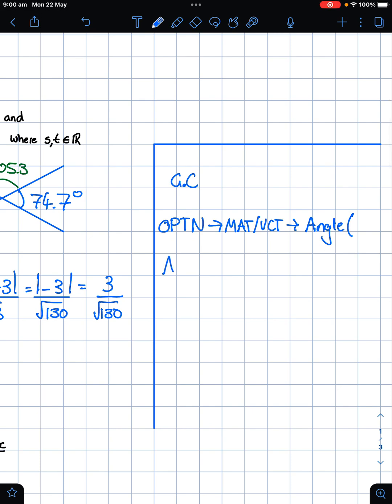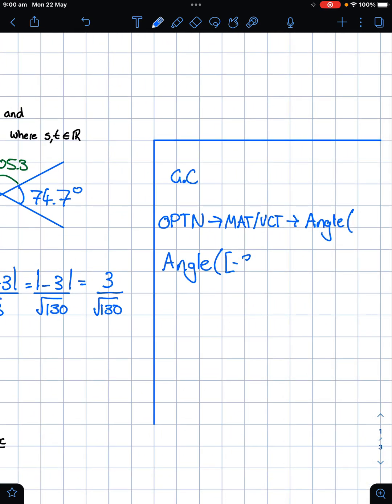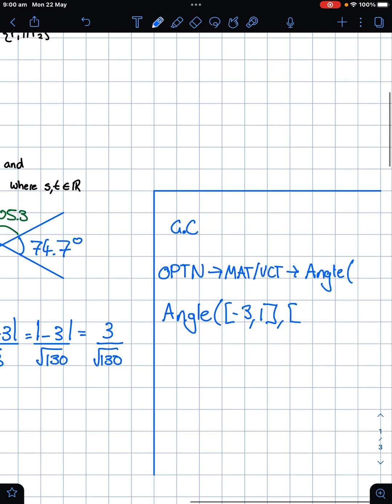I'm just doing this for you. So if you go angle, bracket, and what did we have? We had (-3, 1), comma, (2, 3).